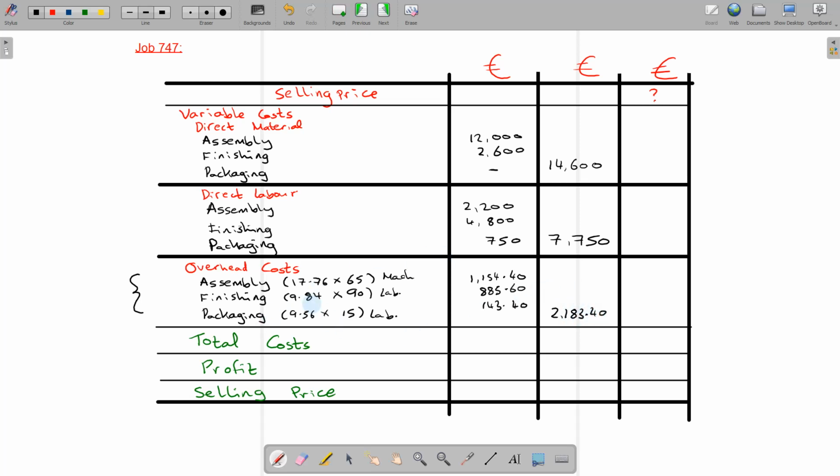Let's just say the total costs are now 24,533.40, and this is equal to 75% of selling price.